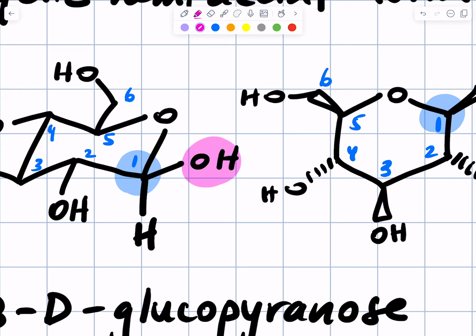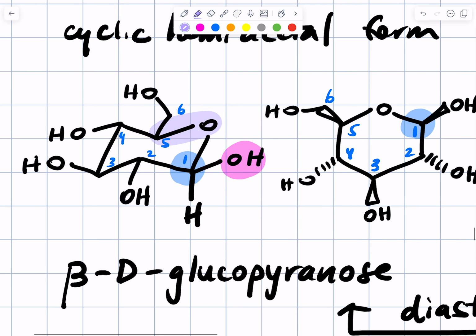And then the blue carbon will also be bonded to an OR group, and that OR group will have used to have been an alcohol. So a hemiacetal really is an addition product from attack of a nucleophile on a carbonyl carbon. That carbonyl carbon was attached to a hydrogen and a carbon.